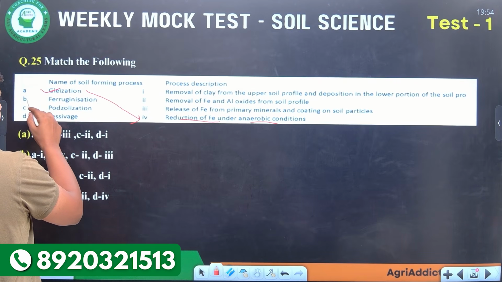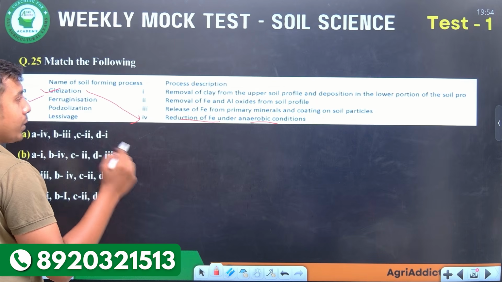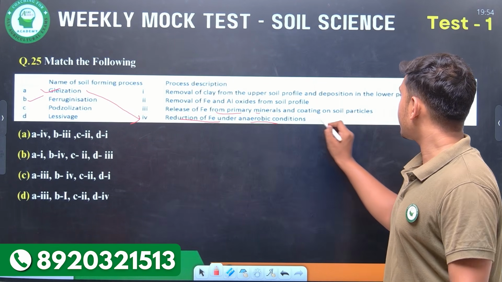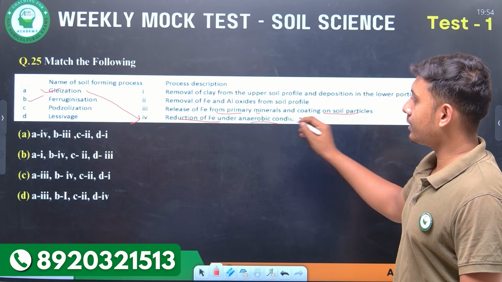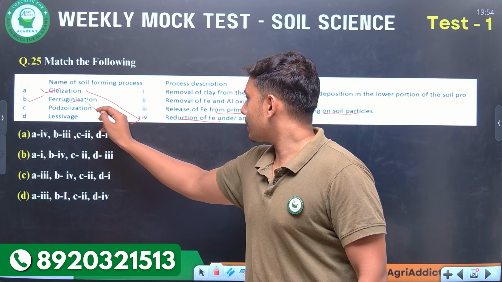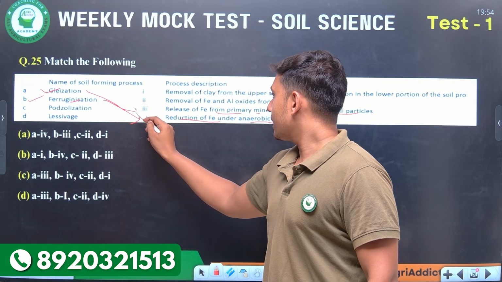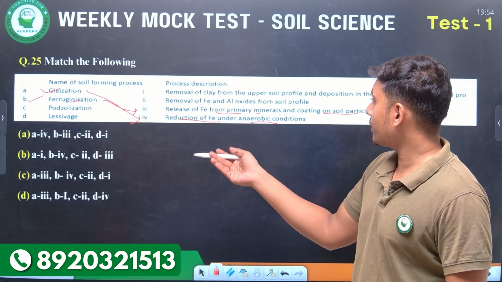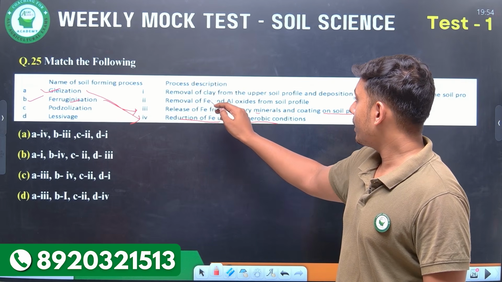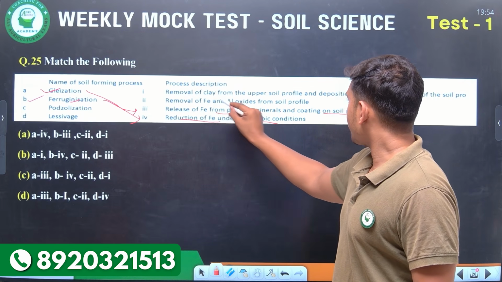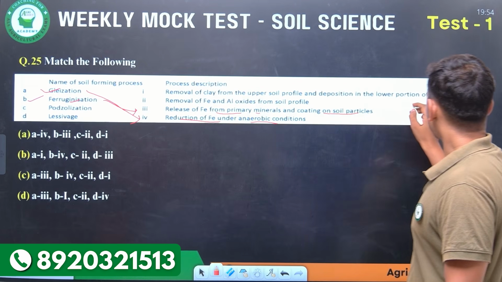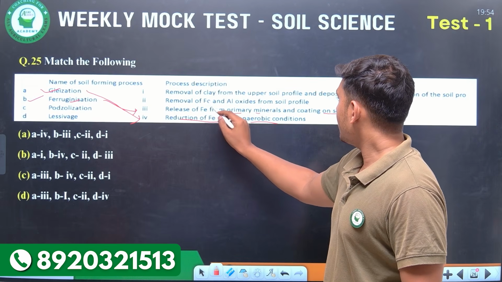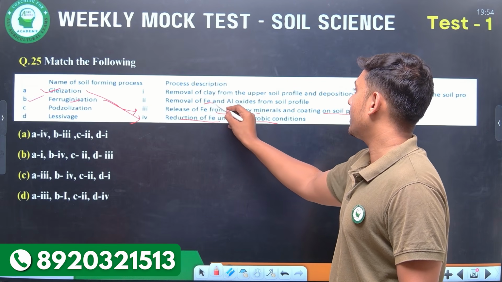Now comes ferruginization. Ferruginization is the release of iron from the primary minerals and its coating on the soil particles. So B will be option 3. Then podzolization, which we already saw in the previous question. It is the removal of iron and aluminium oxide from the soil profile.